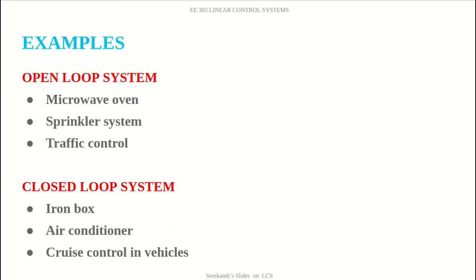The desired output, which is the particular temperature of the surface of the iron box, determines when to turn on the supply or when to cut off the supply to the iron box, which means that the output has an influence on the input, and thus we can say that an iron box is a closed loop system.